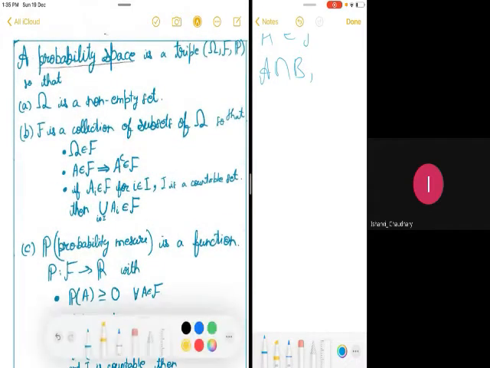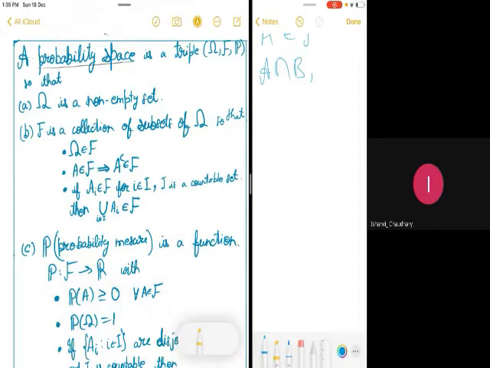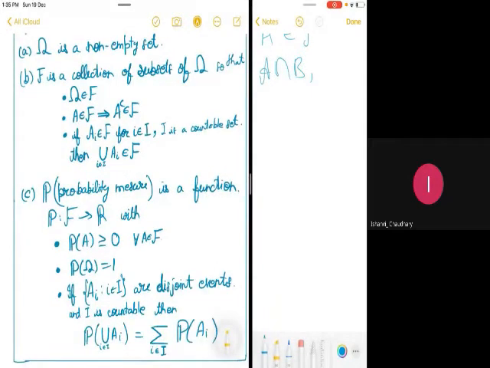A probability space is defined as a triple of capital omega, F and a probability measure, such that capital omega is a non-empty set and F is a collection of subsets of omega, so that the whole set omega belongs to F. That means that we can consider the whole set omega.